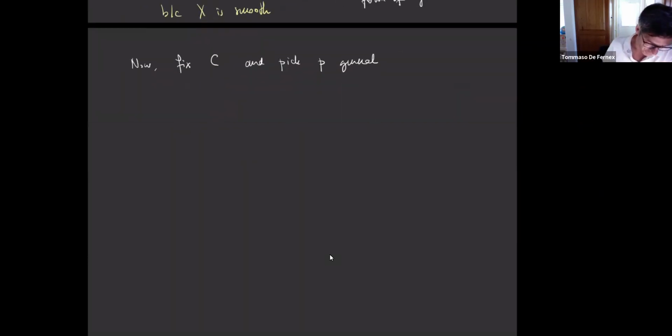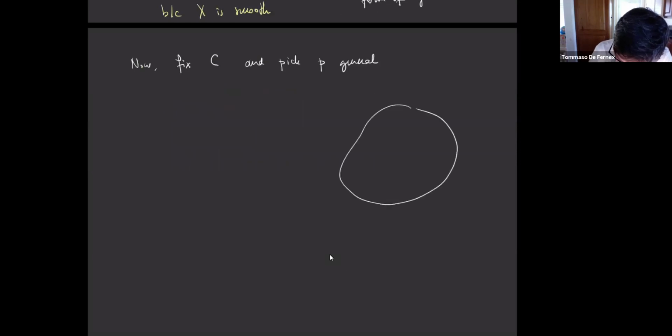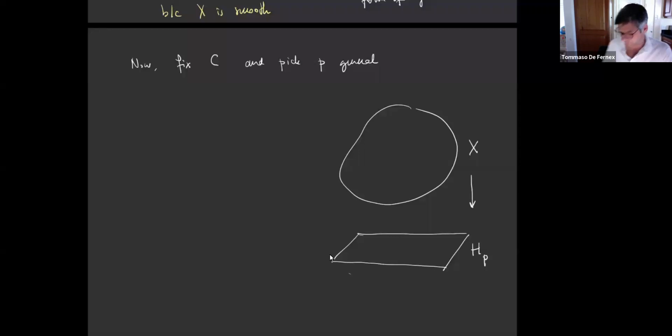So let me draw a picture here. So this is X, and I'm projecting now from a point P. The point P is up on the top. I'm projecting now down to some space HP. This is a file map, and I have a curve C going through here.